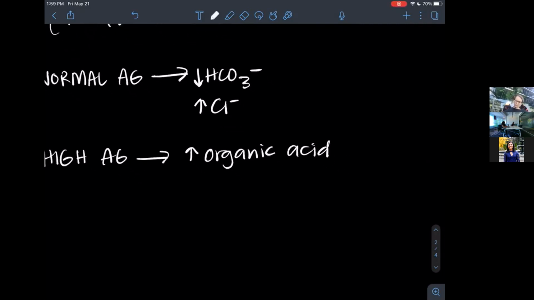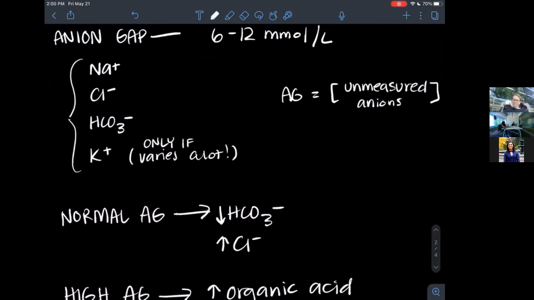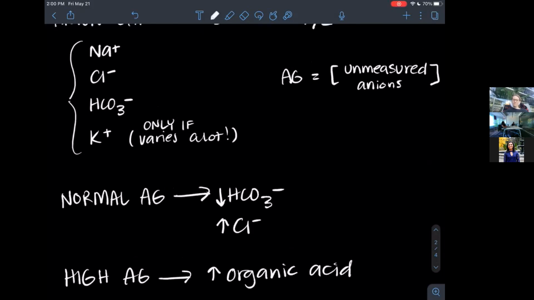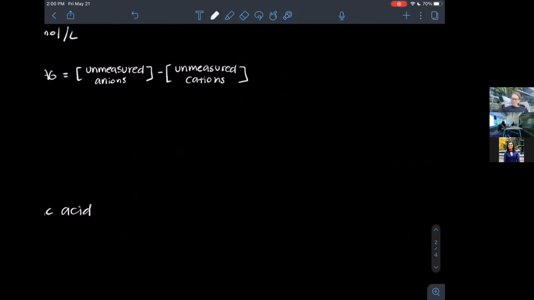So organic acids are like your phosphoric acid, your formic acid, your lactate, your keto acids, anything else in the body that is acidic can make up that anion gap that we're just not measuring, because we only measure these four. So that's the broad idea of what's going on. So looking back, we have your normal anion gap acidosis.